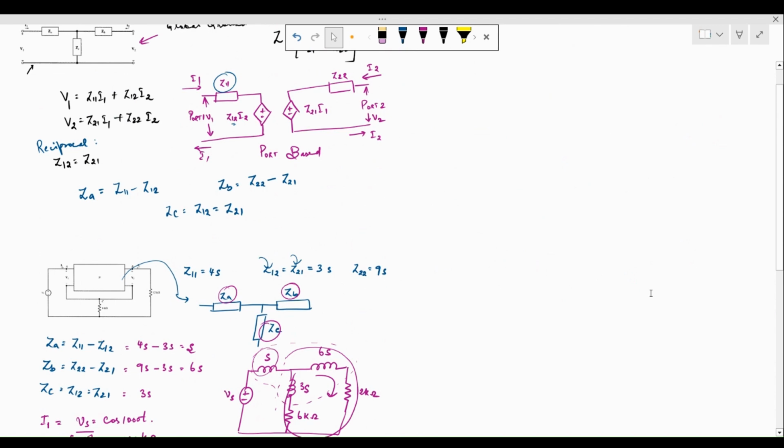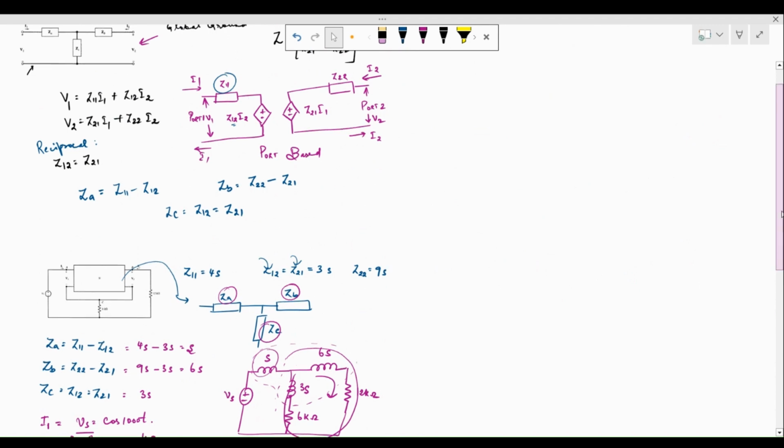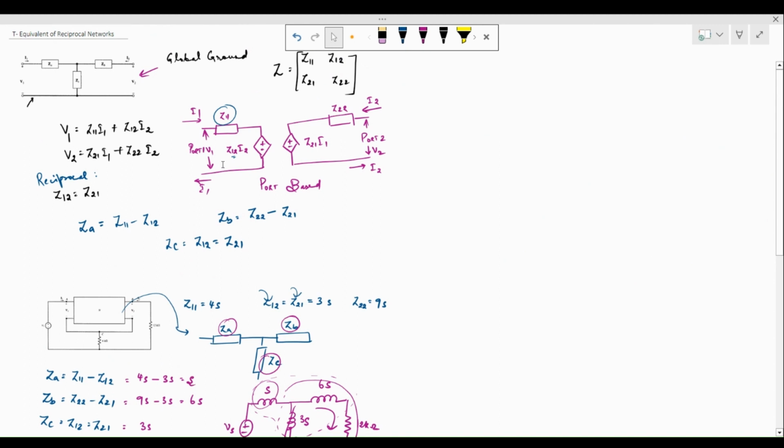The representation of the two networks is either going to be port based, where I use Z11, Z12, Z21 and Z22, or global ground based. I can obtain this kind of equivalent network only if the port based network is reciprocal, which means Z12 should be equal to Z21.